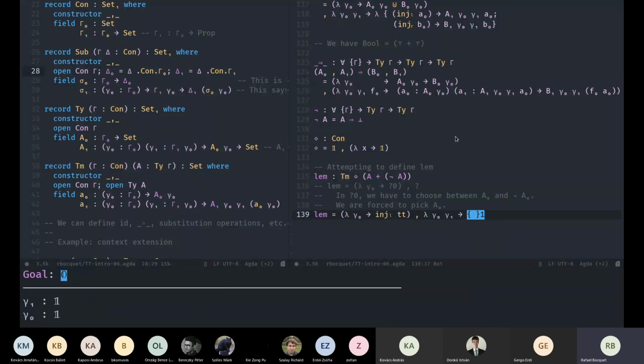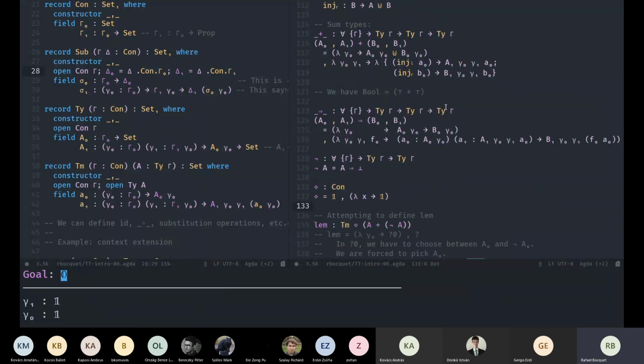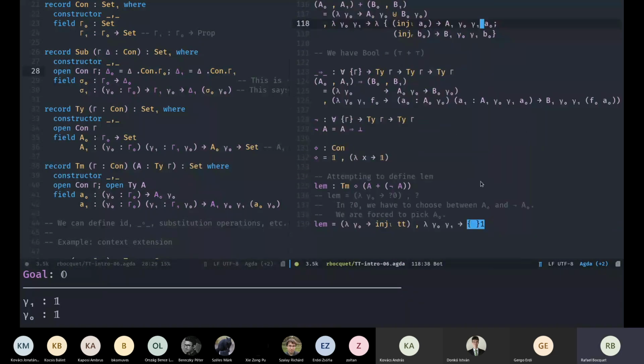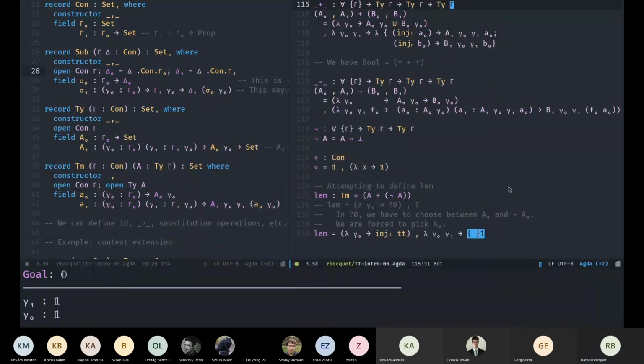And why is this? If you look at the definition of some types, because on the first component we have picked the left side, on the second component we need to give an element of the family of the left side.